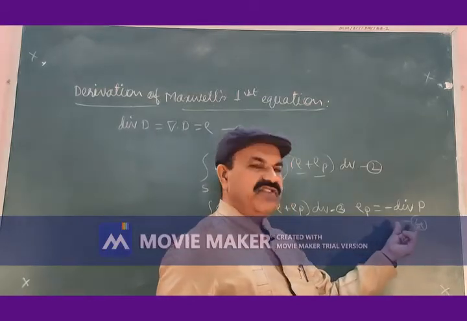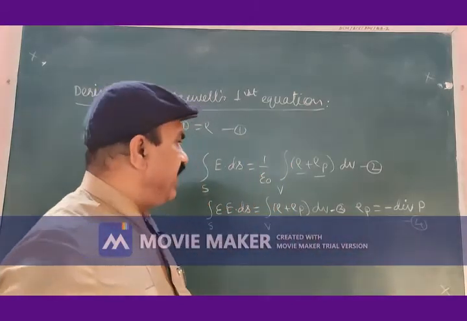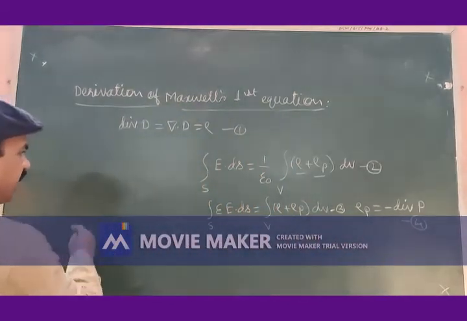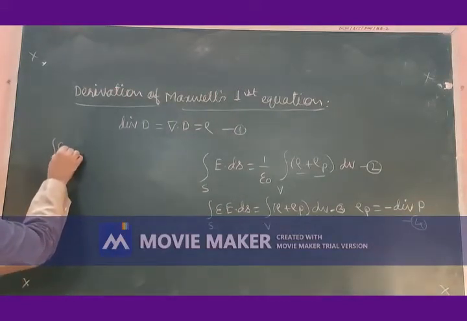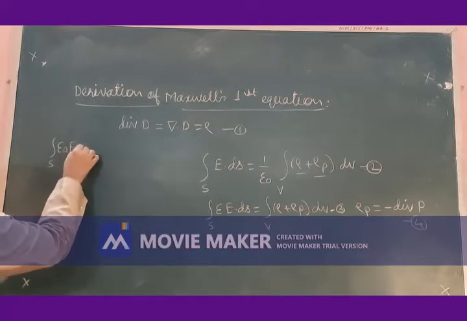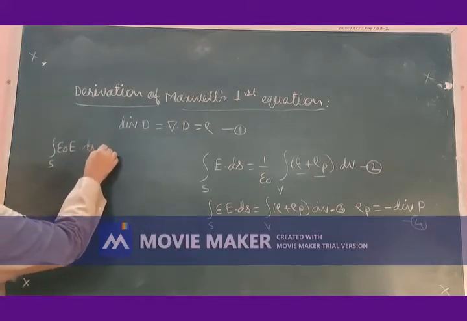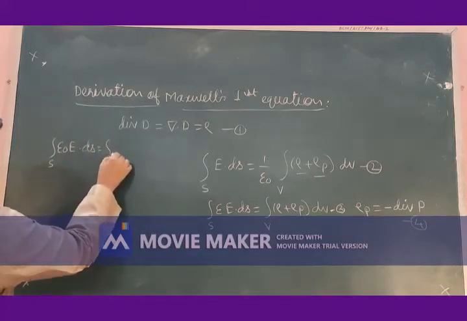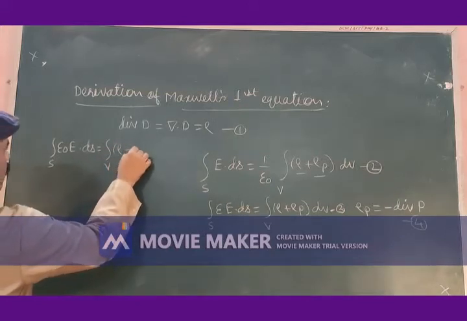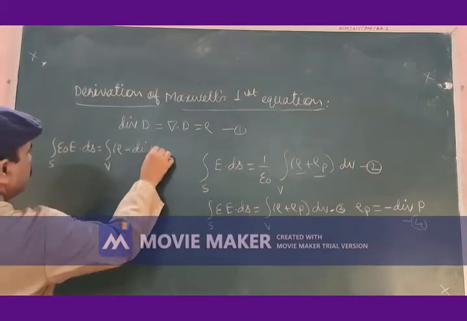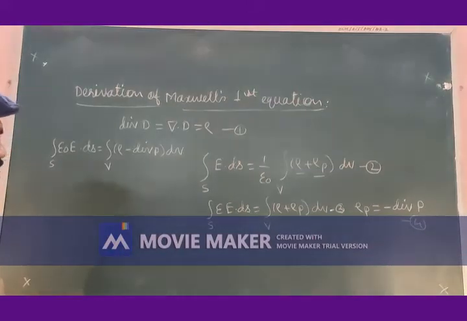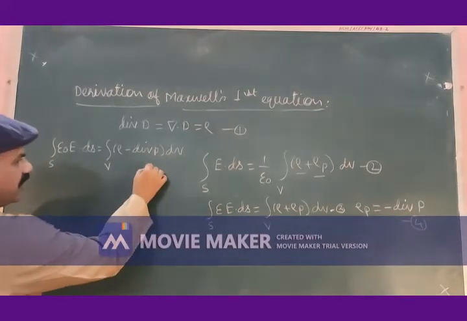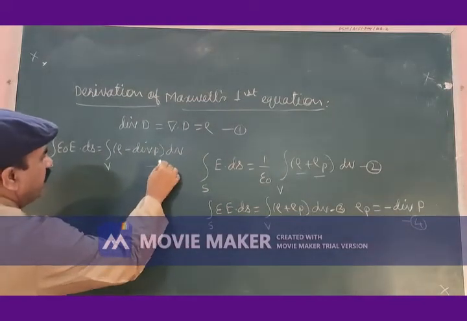Let us substitute equation 4 in equation 3, and so equation 3 will now become surface integration of epsilon 0 E dS equal to volume integration of rho minus divergence P into dV, equation number 5.